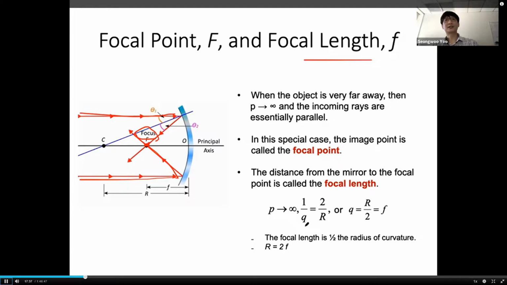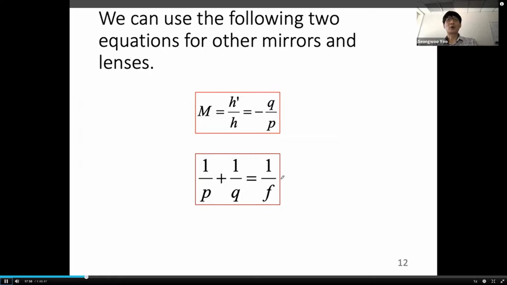And when it comes to a curved mirror, the focal length is half of the radius of curvature. Therefore, in this equation, you can also replace 1 over f with 2 over r.